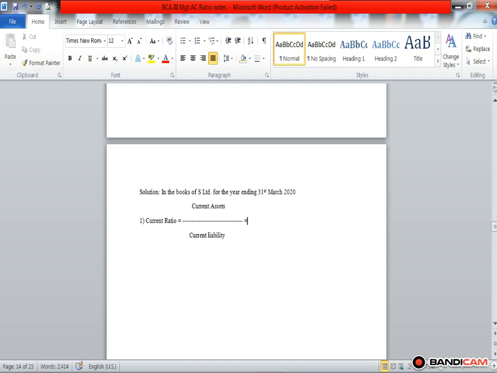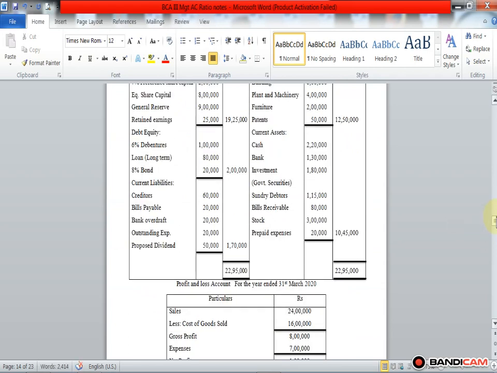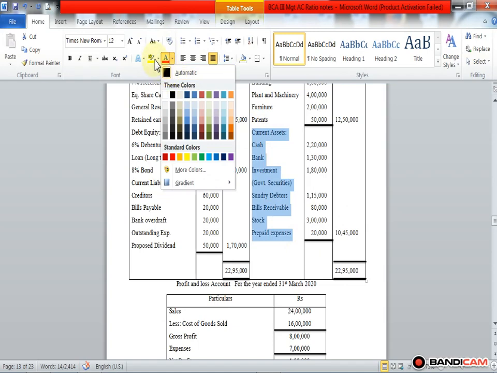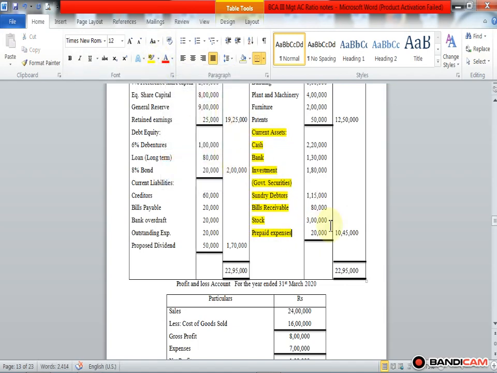Current assets are given in the problem and current liability is also given in the problem. So we find out the figure of current assets. These are the current assets of Yes Limited, which we highlight in yellow color.